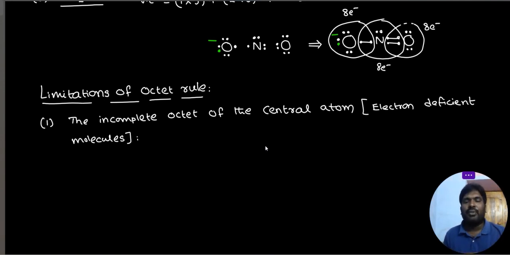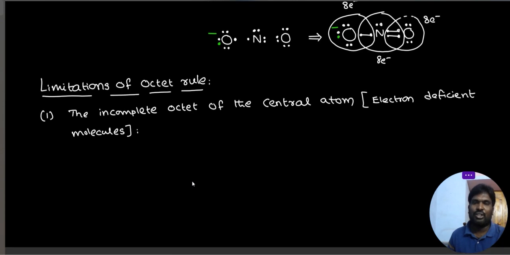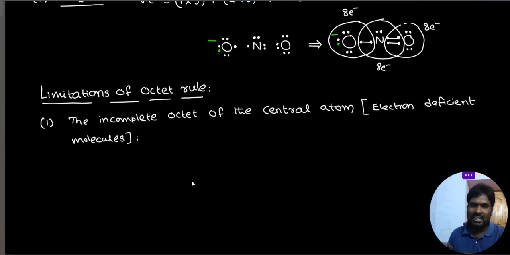Incomplete octet means around the central atom less than 8 electrons are present. So they are incomplete octet molecules.